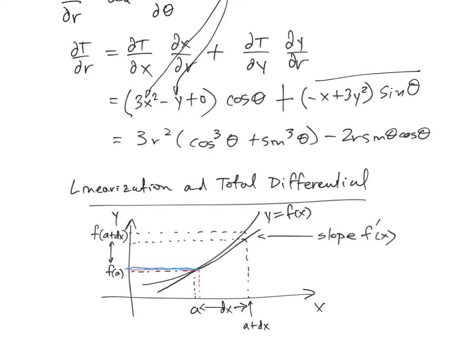Again, if my dx is this big, so forget about this red and blue line here. If my dx is this big, the total differential is the change in linearization. That's df. Regular df, because f is just a function of one variable x. Okay?